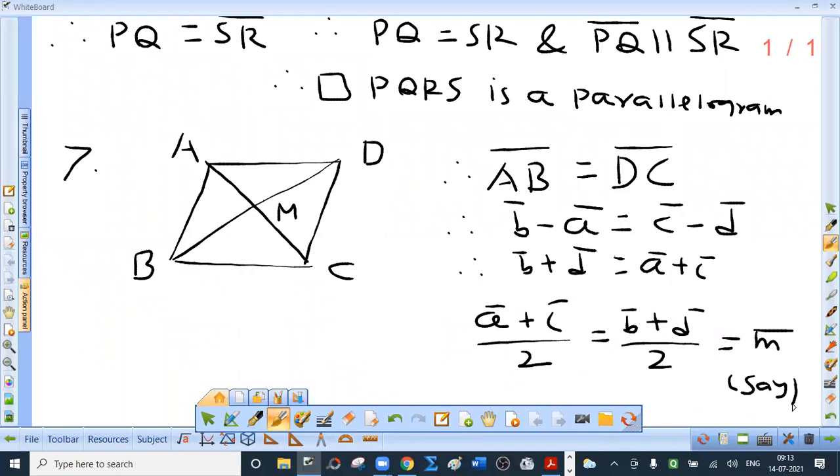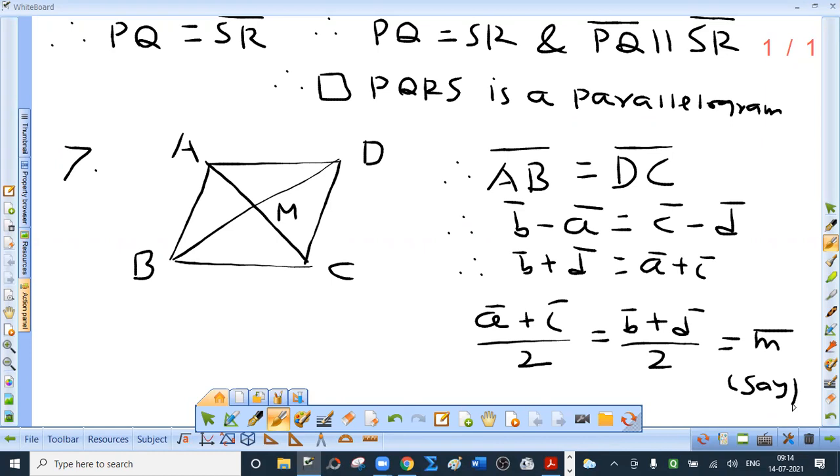After that, write down. Therefore, the midpoints of the diagonals AC and BD are the same.